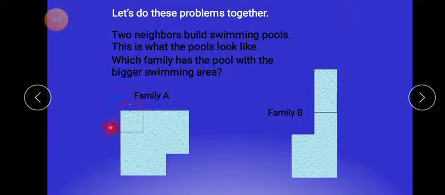What we have to do is find the area of family A and the area of family B. So I am giving you one homework.